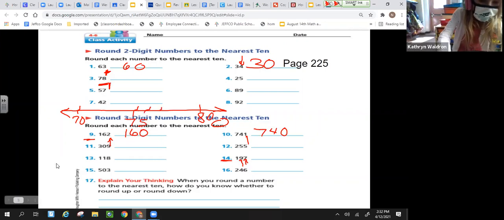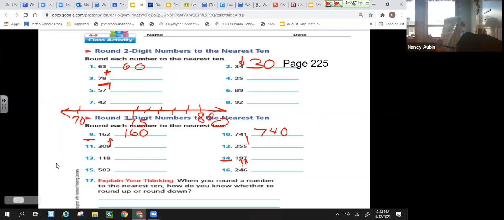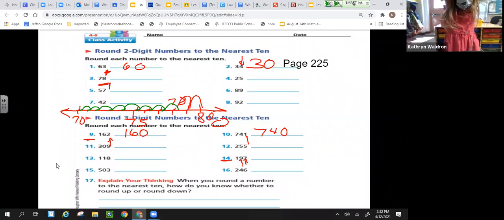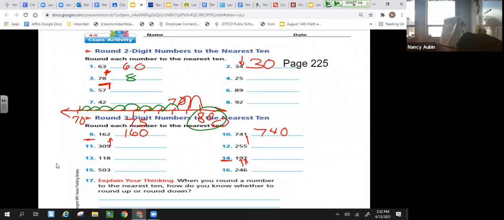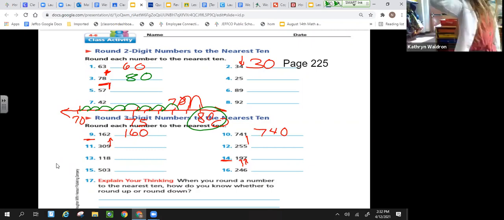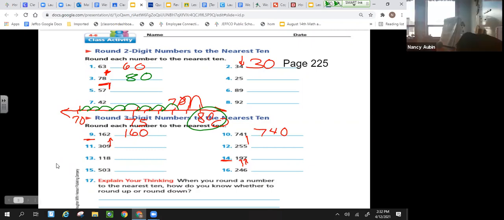So 76, 77, 78, 79. So here's 78. It's only 2 away from 80, right? Look how many it is away from 70. 1, 2, 3, 4, 5, 6, 7, 8. It's way further. So you definitely want to round it to 80. And the 8 is 5 and above. Give it a shove.